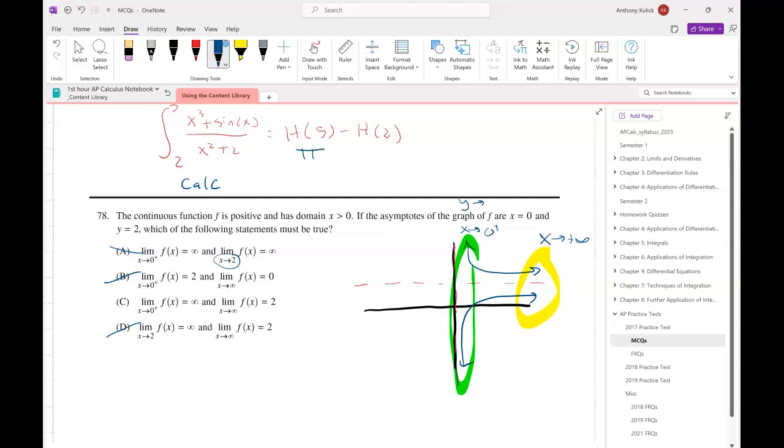And here the y is going to either positive or negative infinity. Here the y is going to 2. Does that make sense to you guys as to what I was looking at? Again, I tried to draw a picture, or at least envision the picture in my head, but that's the idea.